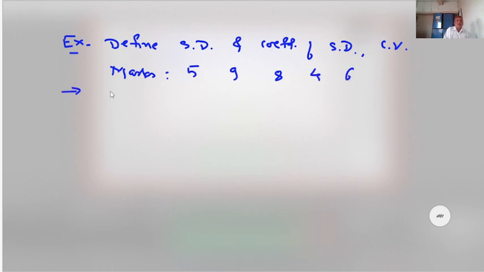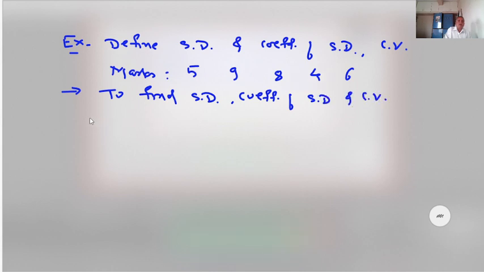To find the standard deviation, coefficient of standard deviation and coefficient of variation, the formulas are as follows. Standard deviation, if we simplify the definition, summation x minus x bar whole square divided by n, we get the simplified formula as square root of summation x square divided by n minus x bar square.